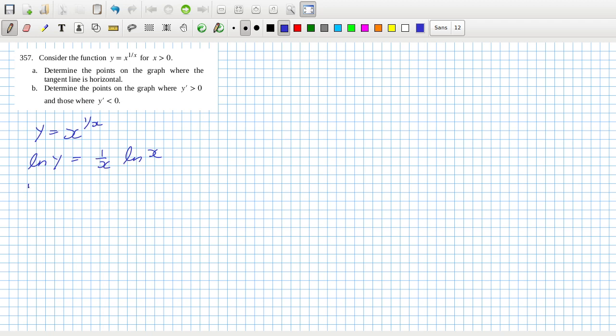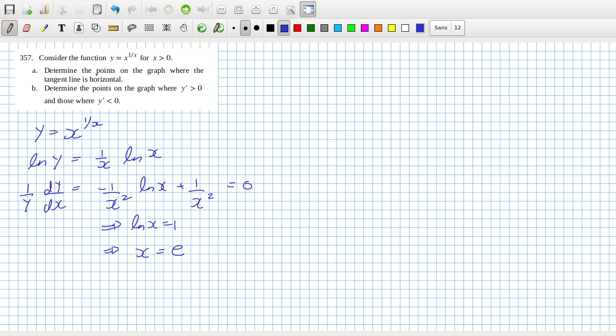The derivative is 1 over y dy dx equals minus 1 over x squared log x plus 1 over x squared. And for the derivative to be 0, we'd want this to be 0, which means we'd want log x to be 1. And that would happen when x is e, which is interesting.